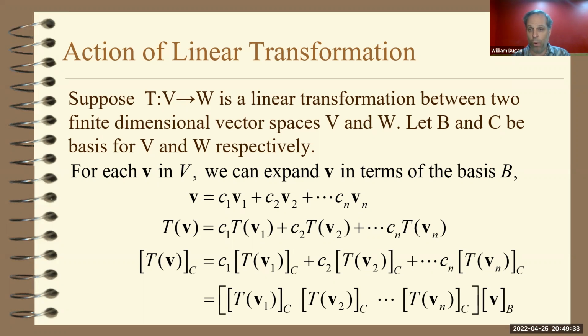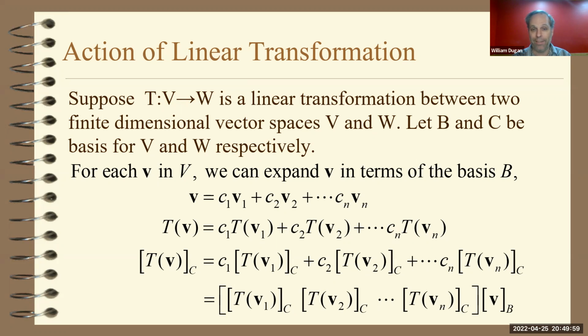It's the matrix whose columns are the coordinates relative to C of the transformation applied to the basis vectors. So there's n of those vectors. And you're multiplying it on the left to the vector which is v relative to the basis B, because the vector v relative to B is literally the scalars c1, c2 up to cn.